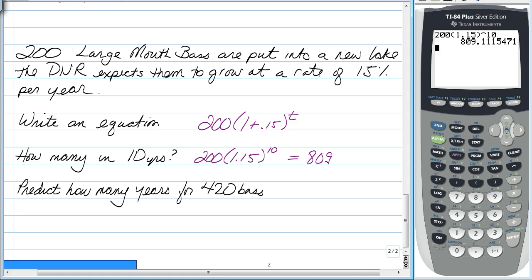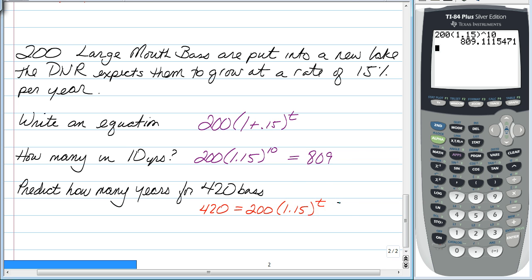So predict how many years till there are 420 bass. Before you knew about logs, this needed to be done with your graphing calculator and graphing it. Now that you know how to use logs, you can actually solve an equation. So now we're just going to say 420 is equal to the original amount of 200 times 1.15 raised to the how many years?